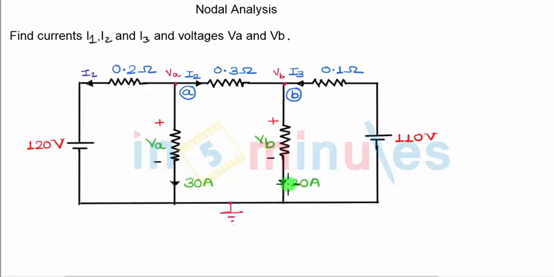Negative polarity of VB is at ground. Nothing else between node B and the ground except this resistor. So VB also becomes the node voltage. So instead of defining node voltages as Vx, Vy or anything else, we simply call them VA and VB because they are already defined in the circuit and we have to find them. So we will write KCL equations in the form of VA and VB and find them out as per the question.